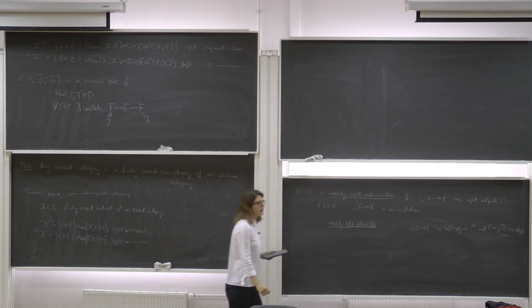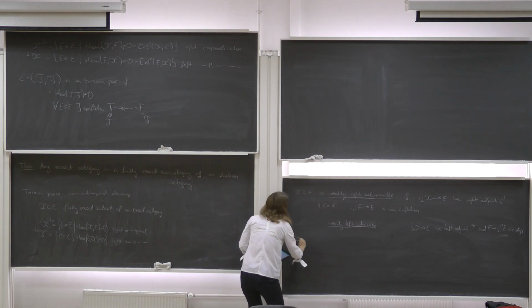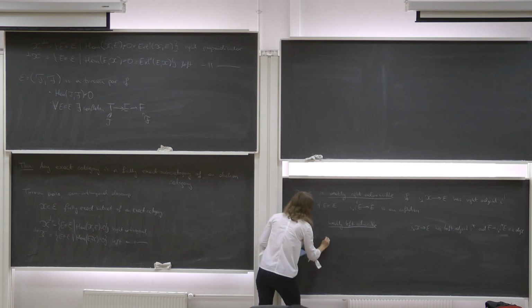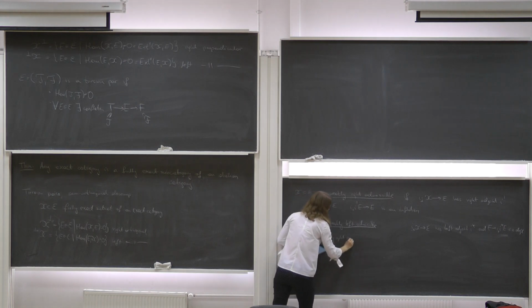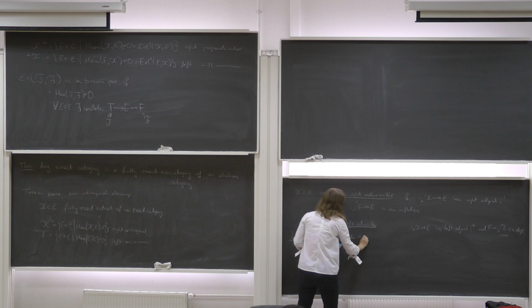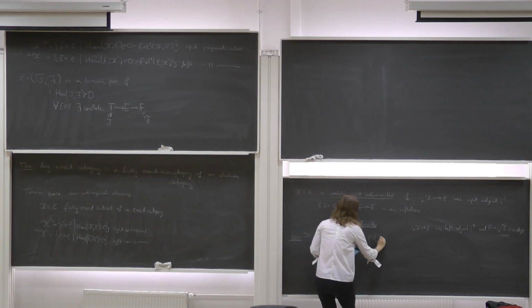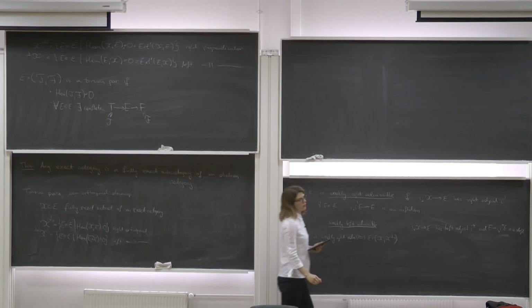And then an easy lemma says that X is weakly right admissible if and only if there is a torsion pair X and then X orthogonal.